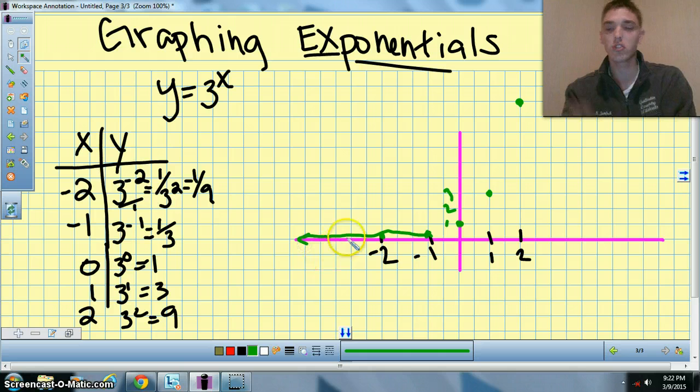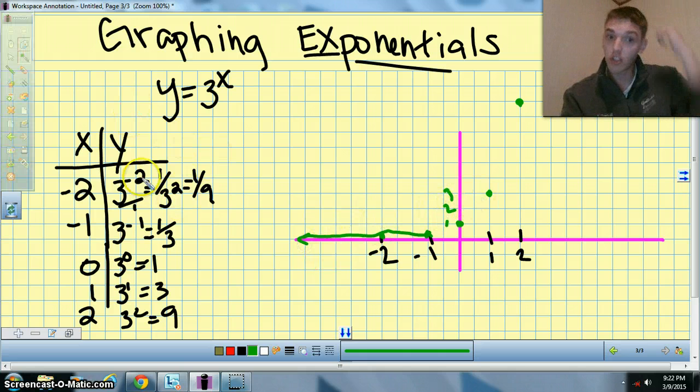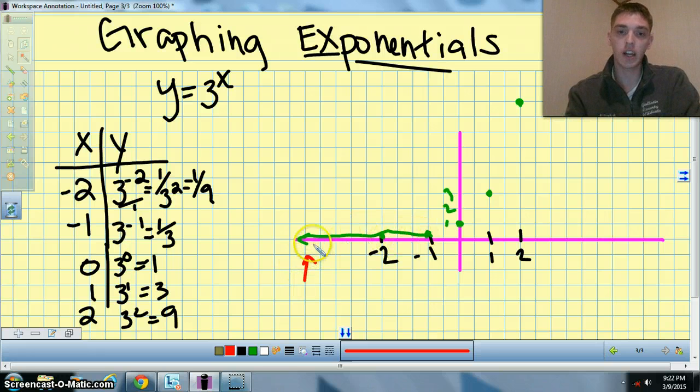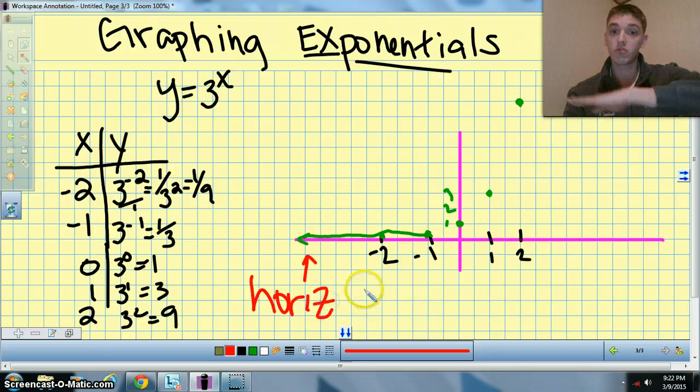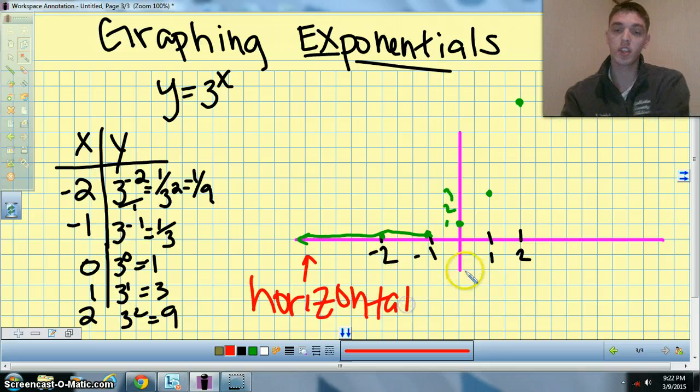Okay, this is what we call a horizontal asymptote.